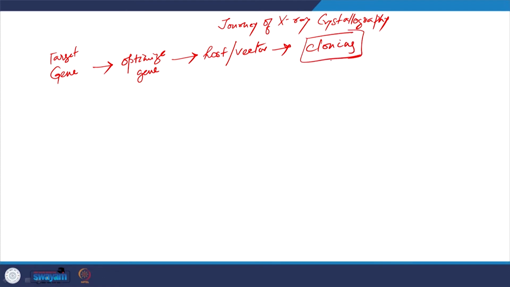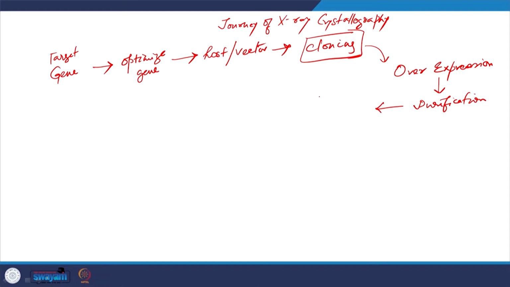Once the gene is cloned, we go for overexpression, because overexpression is very critical here. We do overexpression, then we need to go for purification. We have discussed that, and then for the protein we have to do a double check.